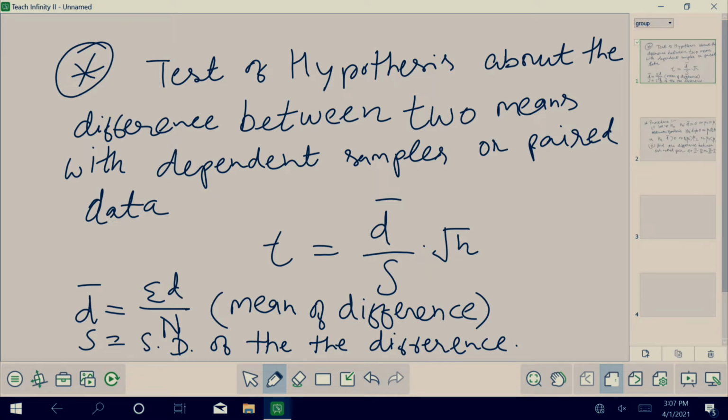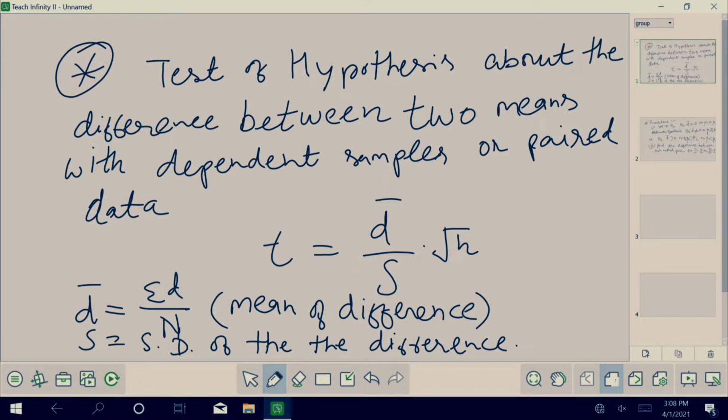Suppose you have been given training of 1 month and your manager wants to check your performance before training and after training. So the sample is the same, the employees are the same, suppose 10 employees are there and they are studied 2 times, before training and after training, and we want to check whether there is any difference in the performance of the employees after training or not, right.